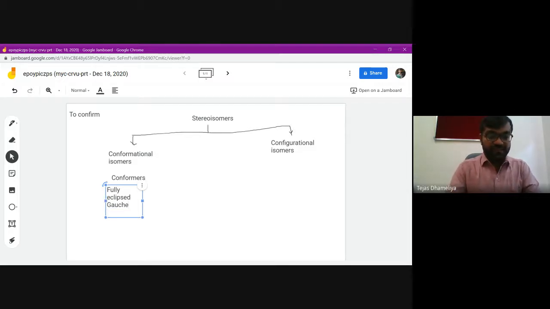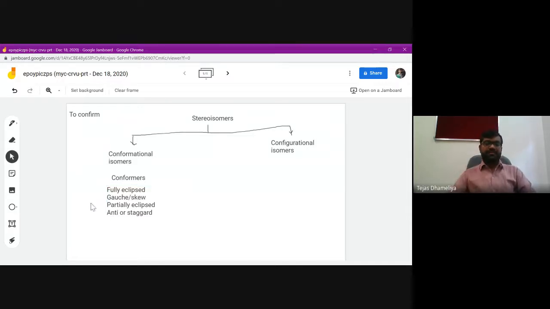It can be partially eclipsed, fully eclipsed, gauche, partially eclipsed. It can be anti or staggered. These are the four conformers: fully eclipsed, partially eclipsed, gauche, and anti. Sometimes gauche is also called skew. Gauche or skew, both are the same.